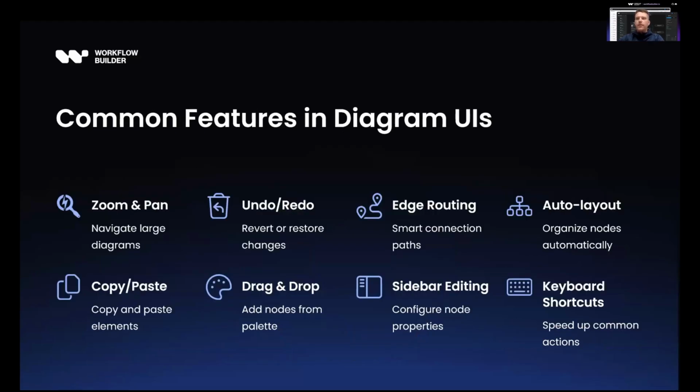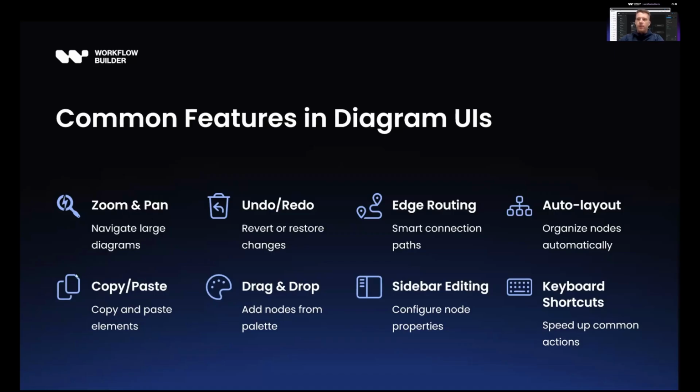So what are the main features of the diagram UI? Usually when we work with the diagram, it's possible to zoom in and zoom out the workspace and to scroll the workspace horizontally and vertically. And this scrolling action is called pan or panning.